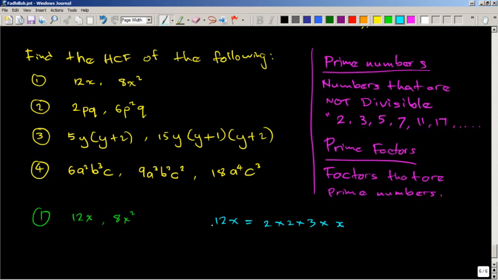What about factors of 8x squared? Boleh tak beritahu saya prime factors of 8x squared? Okay, what are the numbers that you can multiply together for 8x squared?